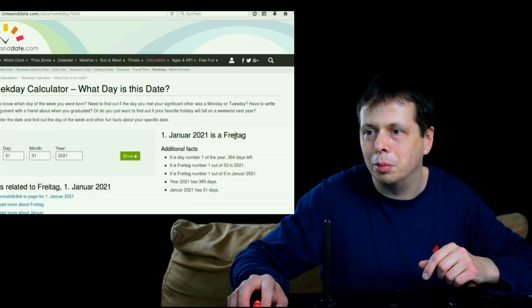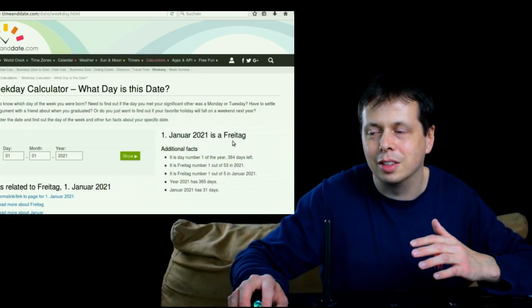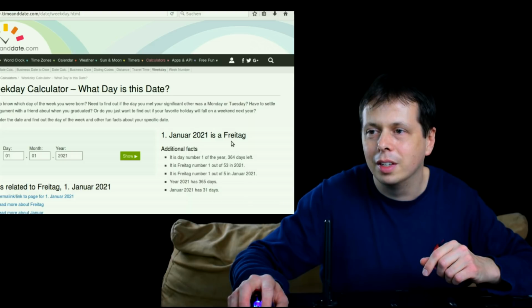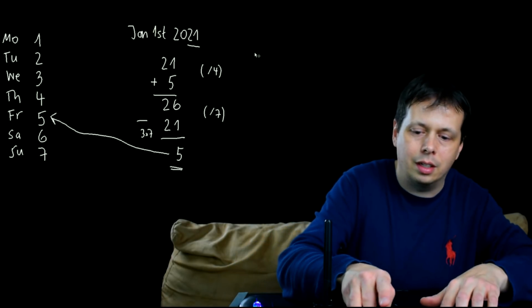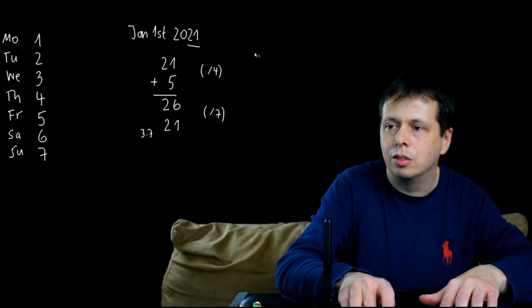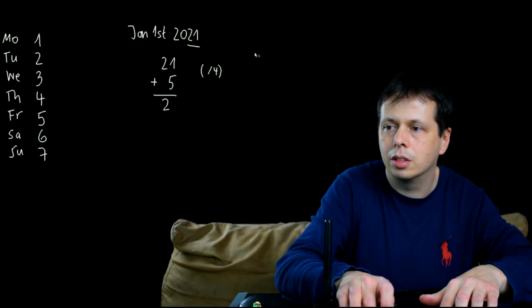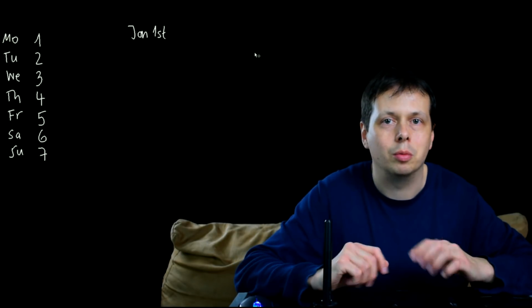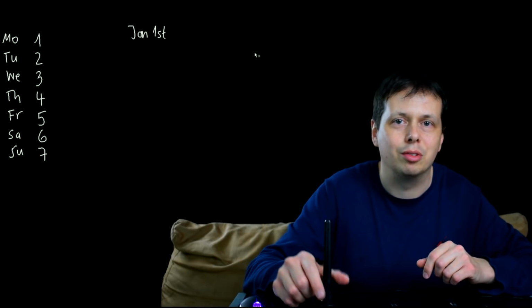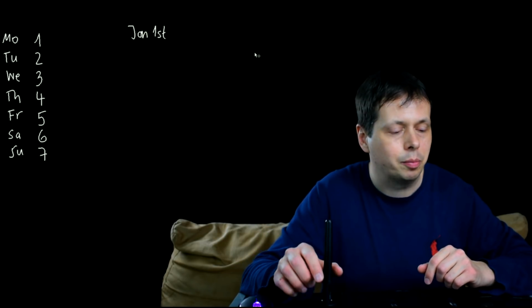So maybe the website decided to show me the result in German, but Freitag is in English Friday. Okay, so let's take another example for January 1st, but after this we will go on with any date in the 21st century.